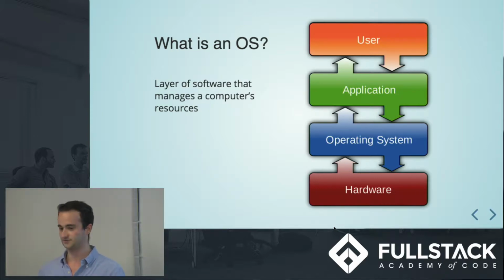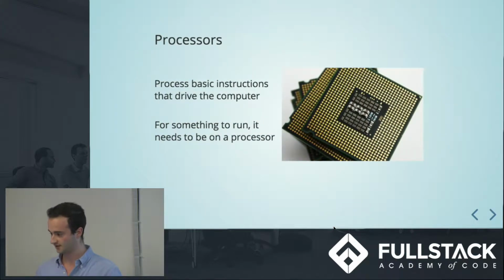One of the most valuable resources that our computers have are its processors, which essentially process things. Whenever an application needs to run, it'll at some point need to be put onto the processor, and then the processor can start executing basic instructions, and those instructions are going to make our computer actually do something.